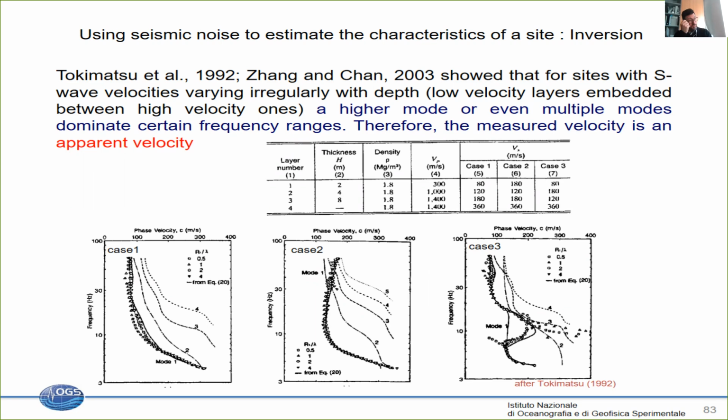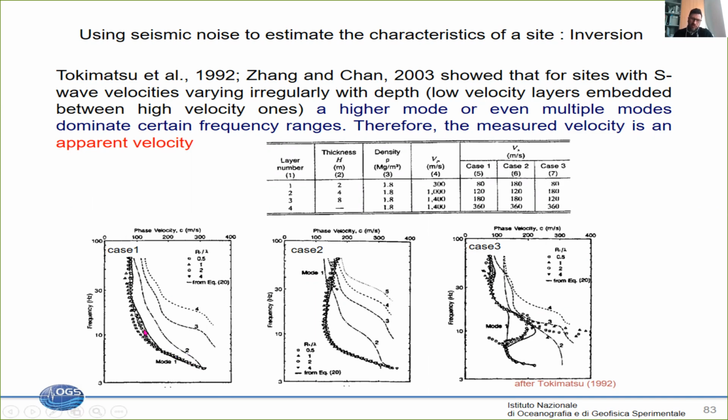Another thing that we observe is when you have thin superficial layers and a stiff bedrock just below. I remember we had this problem in some stations in Liguria, for example, in the characterization of some of these stations. What can happen is something that you see a little bit here.